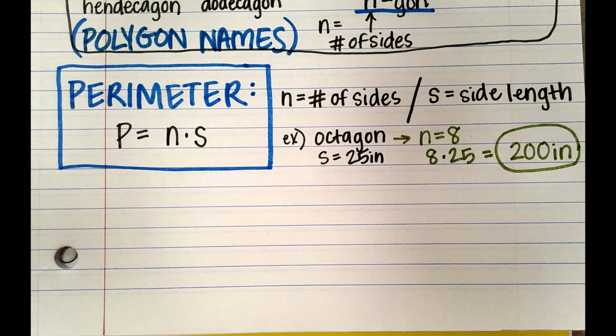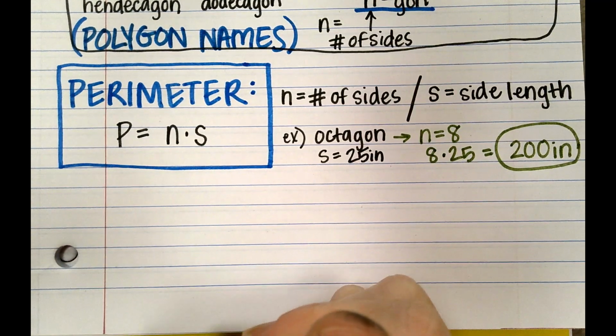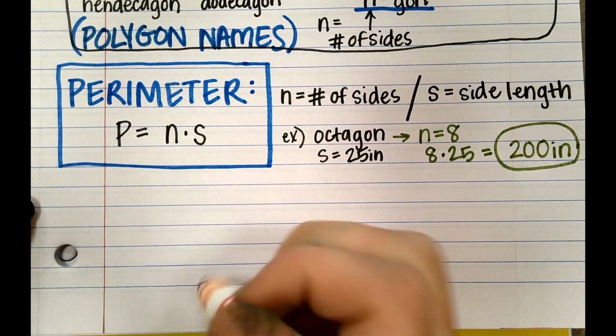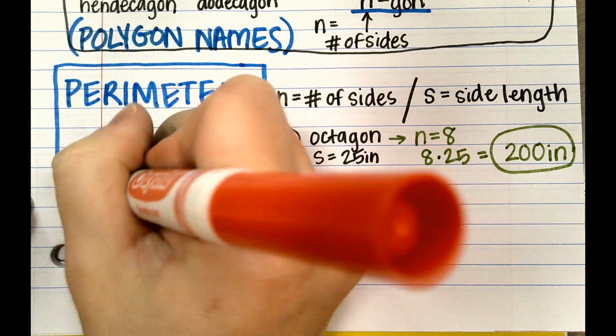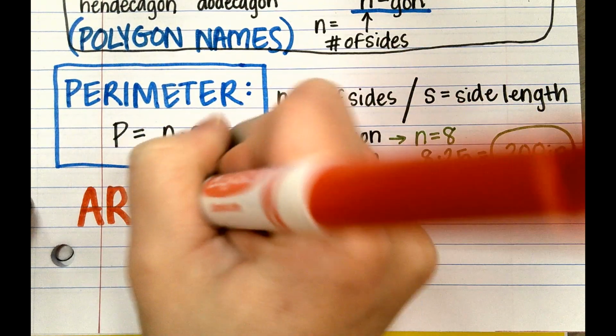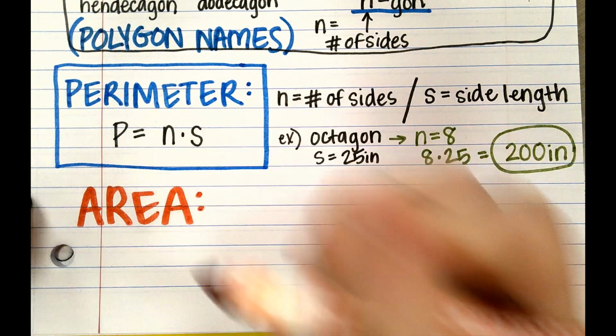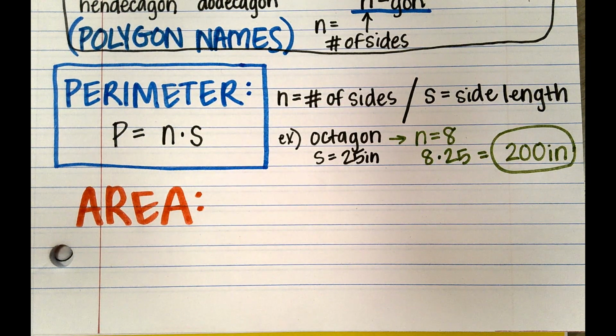The next thing we'll talk about, though, is area. And this is where it can get a little bit tricky just because we have to learn one new word. Yes, the area is the inside. It's basically the space that that shape will take up.